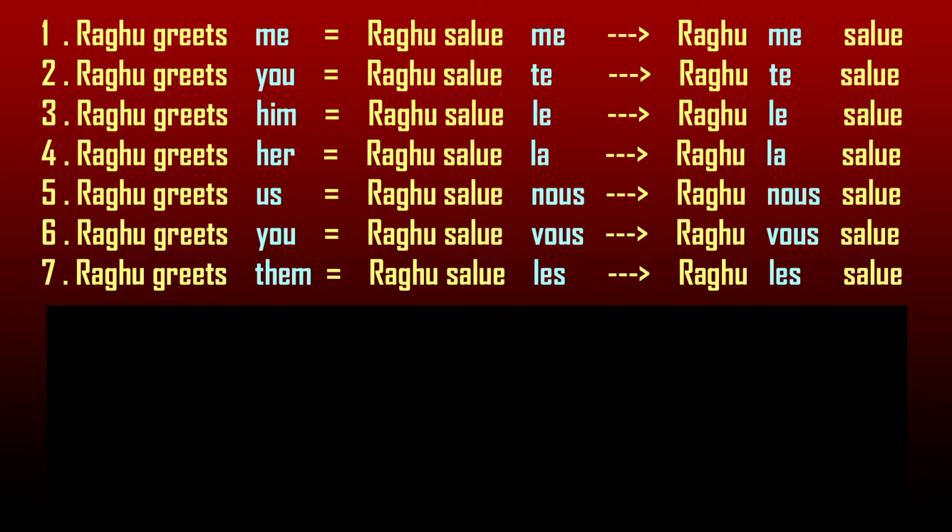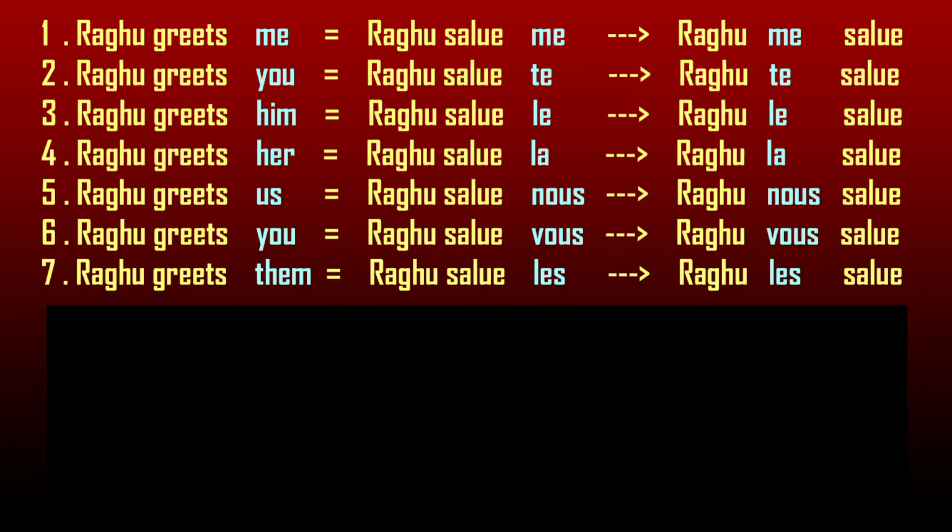But this is incorrect. Direct object pronouns are placed before the verb in French. Therefore, Raghu salue me is incorrect and Raghu me salue is the correct construction.